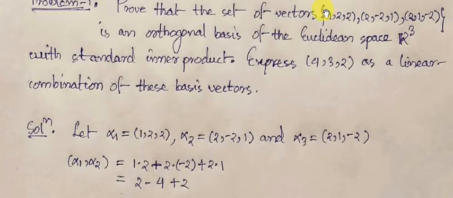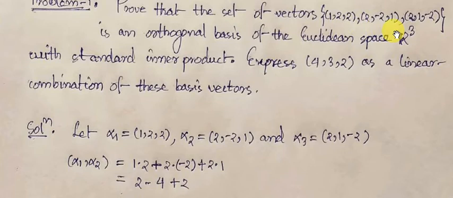So this collection is also linearly independent, and these being three vectors, the set has three linearly independent vectors, and R3 being a vector space of dimension 3, this set is a basis for R3. So any vector from this vector space we can write as a linear combination of these vectors.